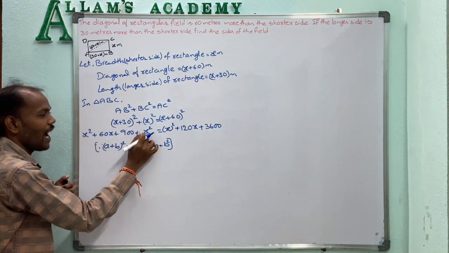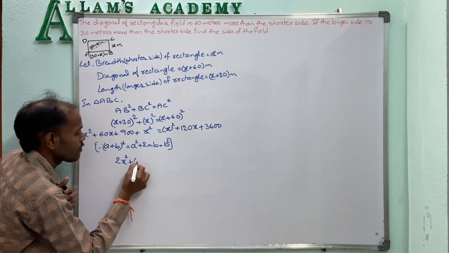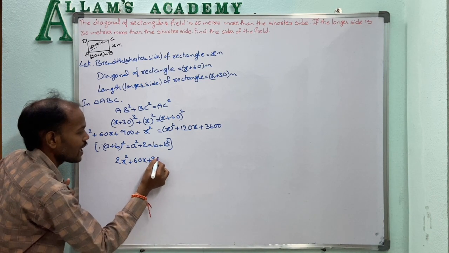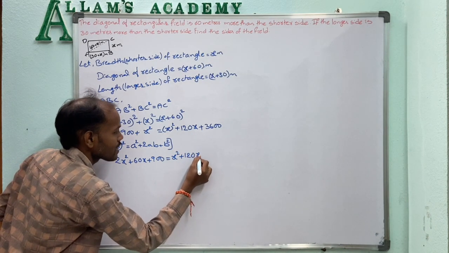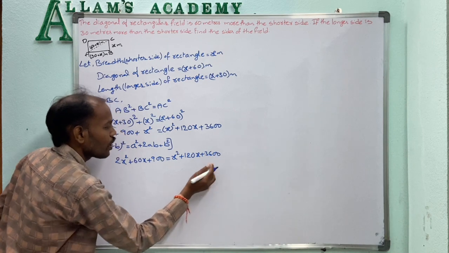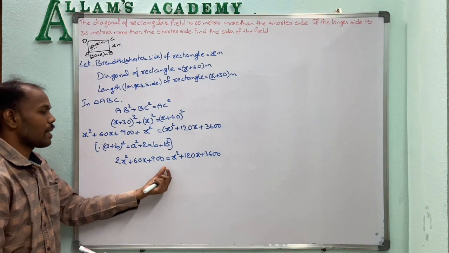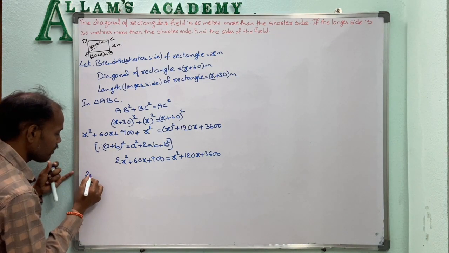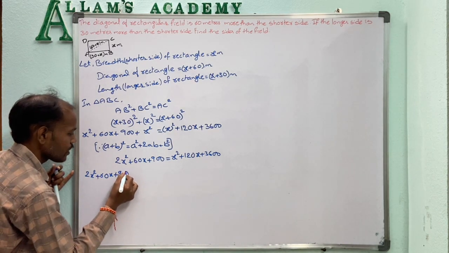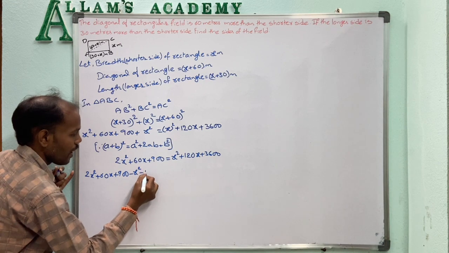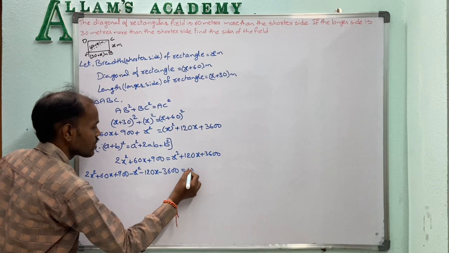Now if we add x square plus x square, we get 2x square plus 60x plus 900 equal to x square plus 120x plus 3600. Now the RHS values will all be transferred to this side, so they are subtracted: 2x square plus 60x plus 900 minus x square minus 120x minus 3600 equals 0.